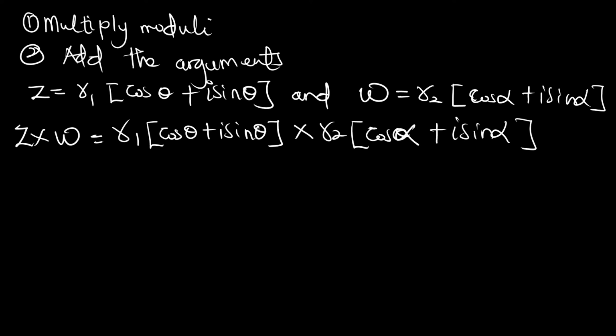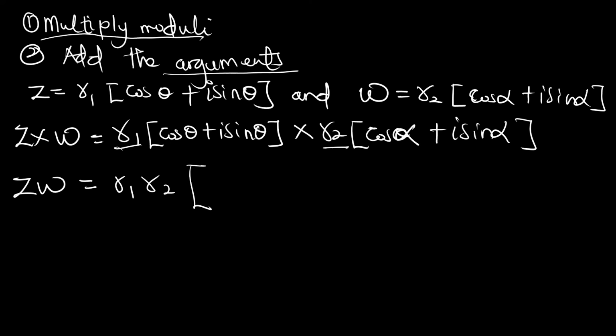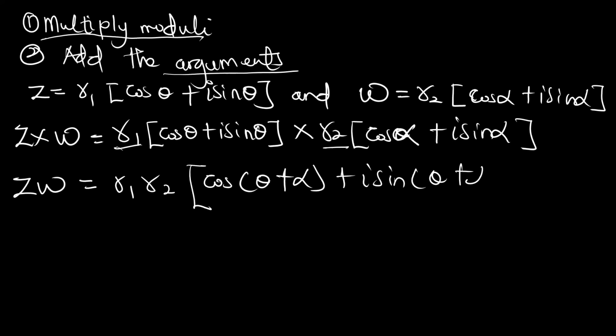Okay, so z times omega, the first rule is to what? To multiply the moduli. So r1 times r2, we are going to get r1 r2. Then we add the arguments or the angles. So we're going to have cos (theta plus alpha) plus i sin (theta plus alpha).